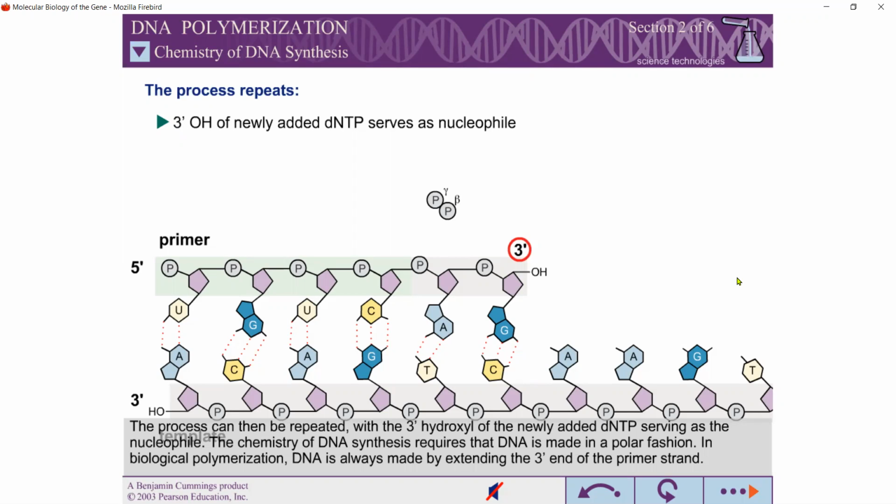Another important thing is the orientation of replication, which is very important, because nucleotides are constantly added at the 3' end. So the direction of replication is always 5' to 3', very important.